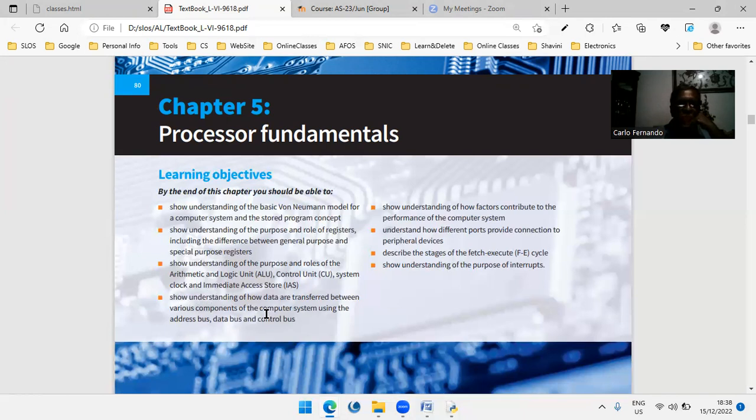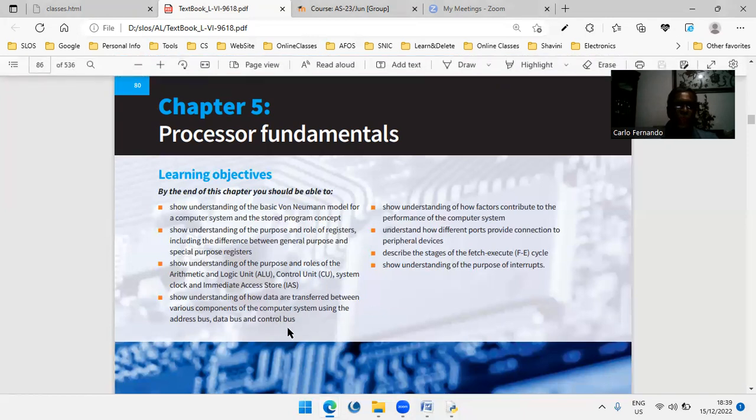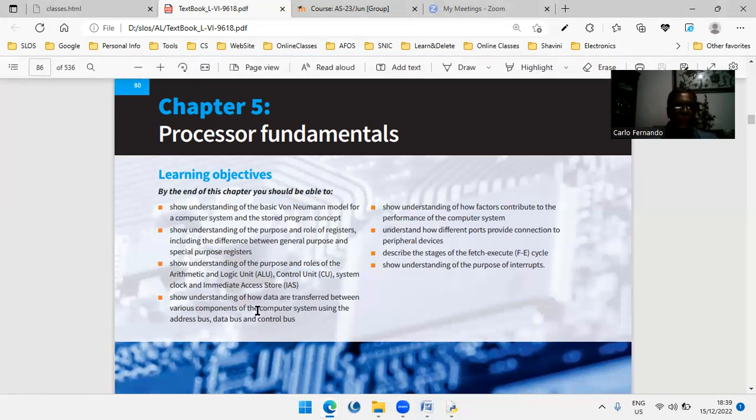Show understanding of how data are transferred between various components of the computer system using the address bus, data bus, and control bus. You use the bus to transport passengers, right? Normally, you use the bus to transport passengers, or maybe vegetables, food stuff, and all that from certain areas.